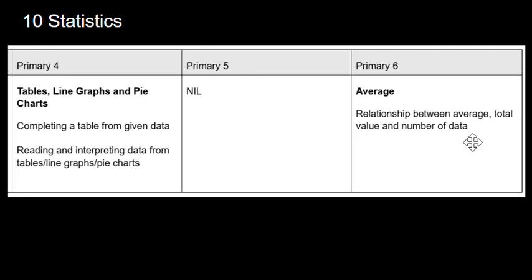The other type of question that they like to ask is they give you a table, and somehow the character in the question erased a certain number or did not write it properly. Then they ask you to find the missing number in the table, and find the average and so on. That's the typical type of statistics question.